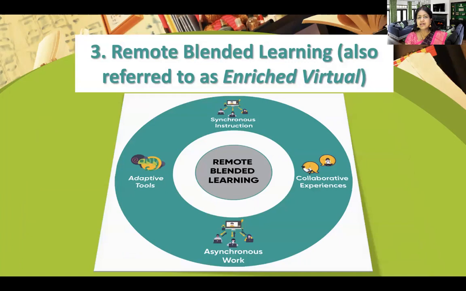And the third one is remote blended learning. It is also referred to as enriched virtual. In enriched virtual blended learning, the students' focus is on completing online coursework while only meeting with the teacher when it is required. This approach differs from the flipped classroom model in the balance of online to face-to-face instructional time.